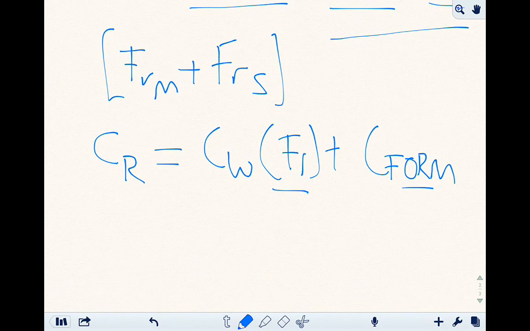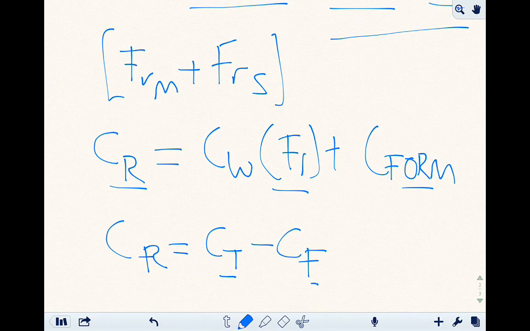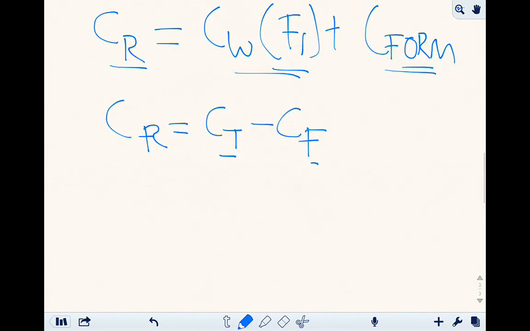It's called residuary drag because it's the result of taking the total drag and subtracting the friction drag. So the difference between the total drag and the friction drag has to be these two other components, the wave and the form drag. So it's the residuary, meaning the residual. The residual is what's left over after you do the subtraction, CT minus CF.